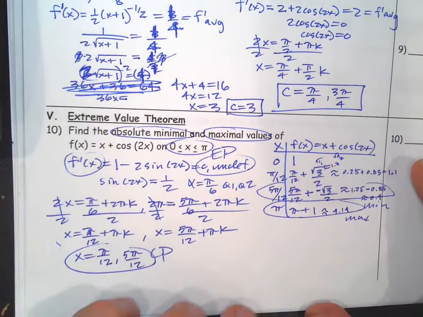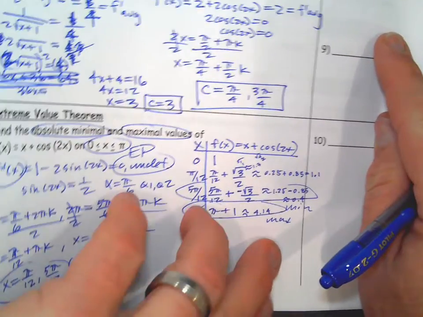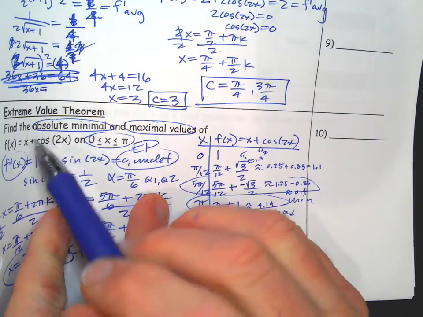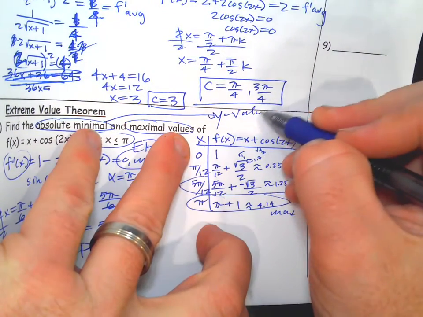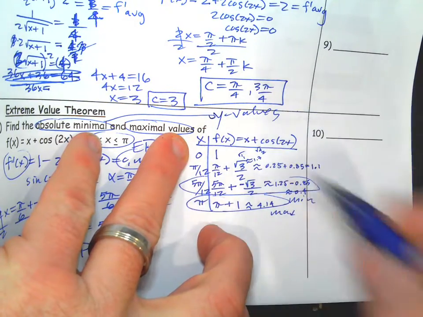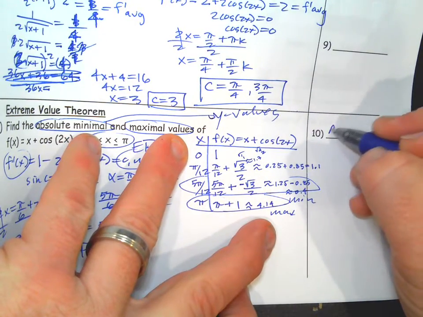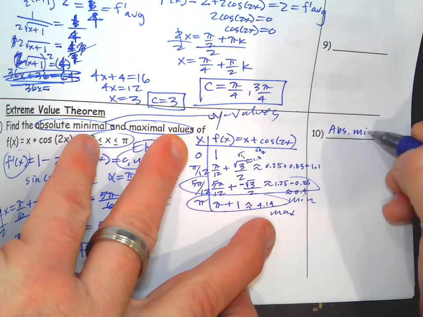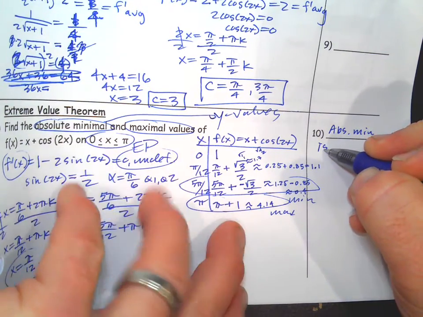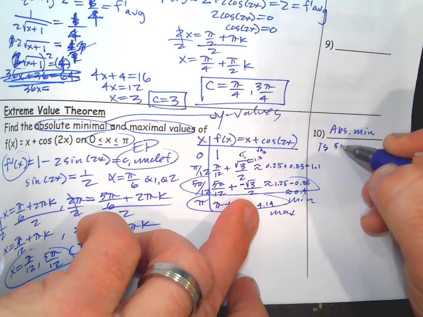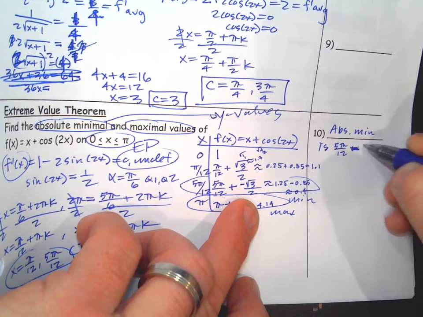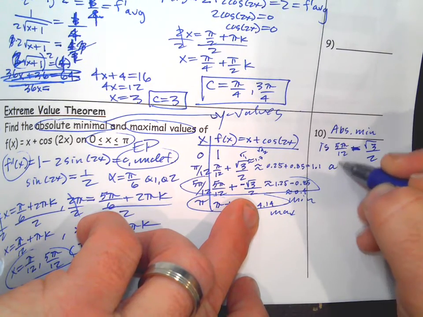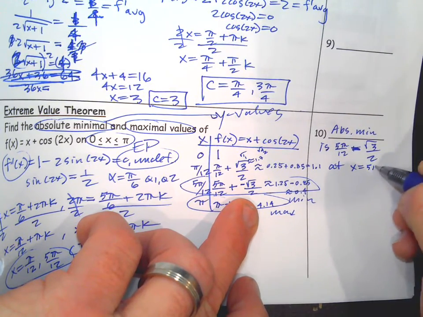So that's fine. So now we're going to write the answer clearly. Now, by the way, they said find the absolute min and max values. They're talking about the y values. They need the y values. But I always give the y value and the x value every single time because it's so easy to mess that up. So the absolute min is, and don't give me these decimals, give me the exact answer, 5 pi over 12 minus root 3 over 2 at x equals 5 pi over 12.